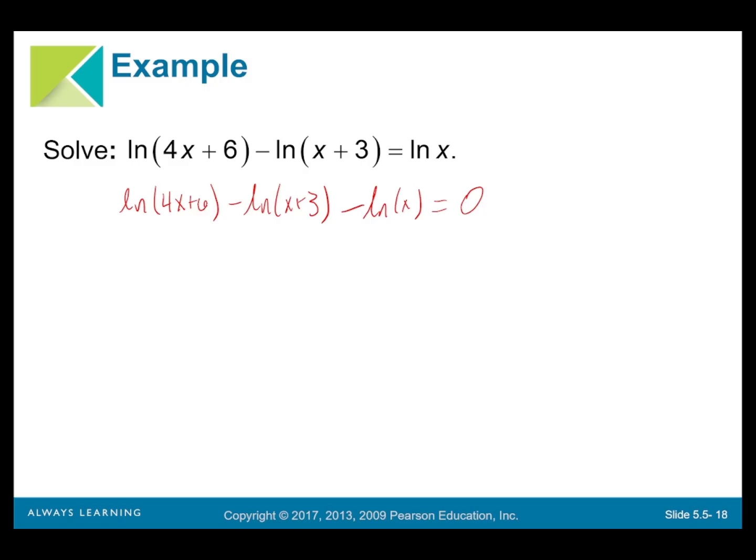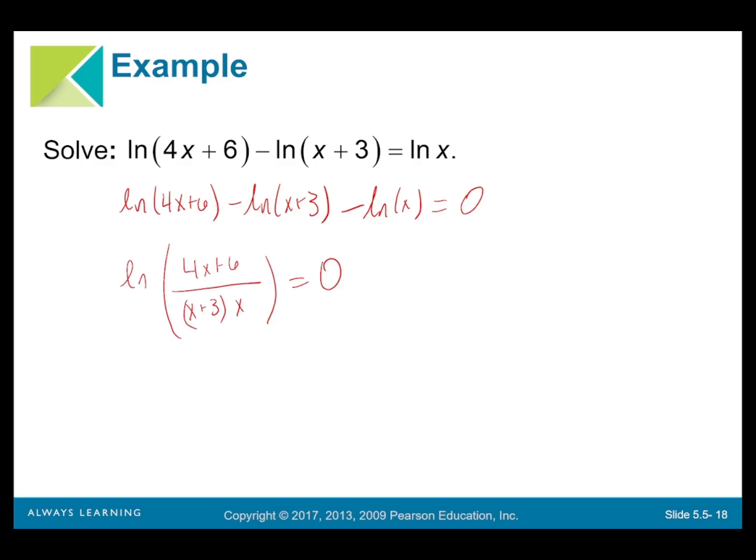Okay, so now I have ln. Bear with me, I'm going to do these rules in one step. I have a positive 4x + 6, and then I have a minus ln(x + 3) and a minus ln x. Well, those minuses mean we're going to use our quotient rule and put in our denominator (x + 3) times x. So the natural log of this whole thing equals 0.